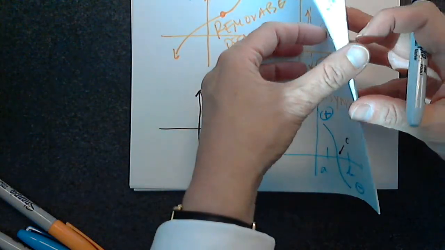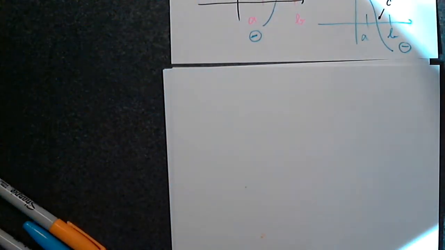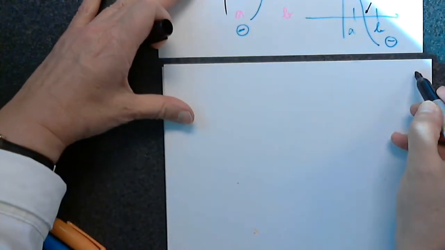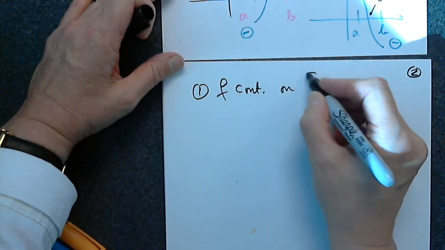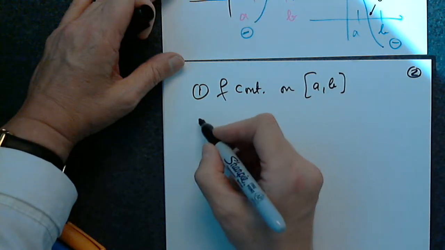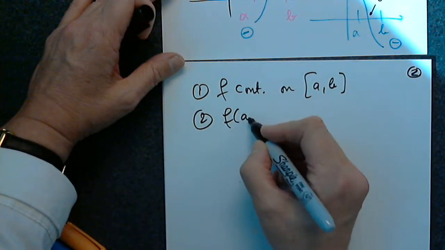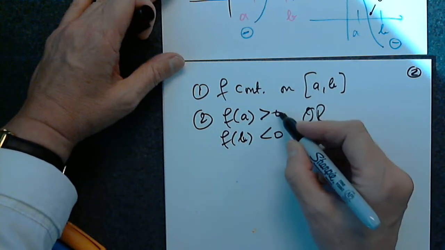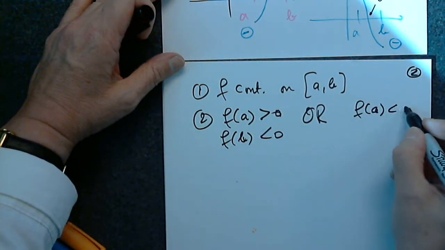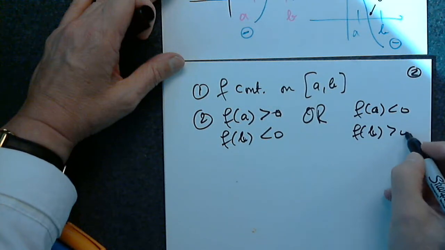So the following conditions. Number one, f continuous on a comma b, and number two, f of a positive and f of b negative, or f of a negative and f of b positive.